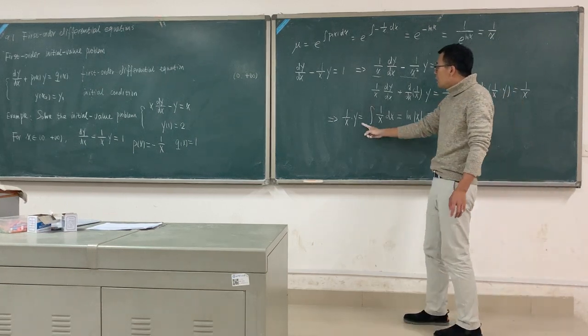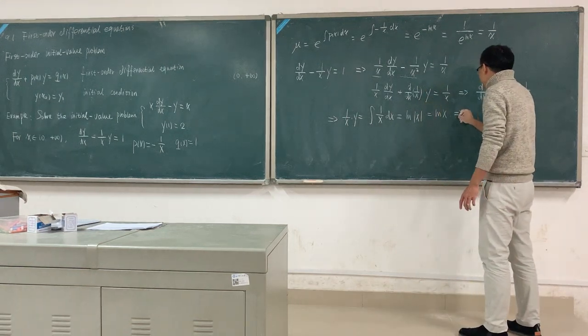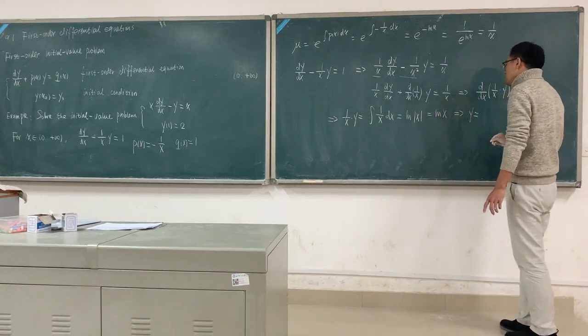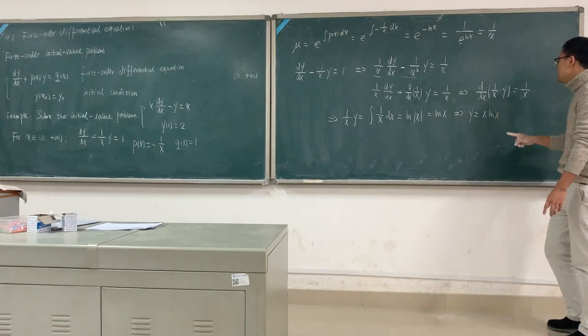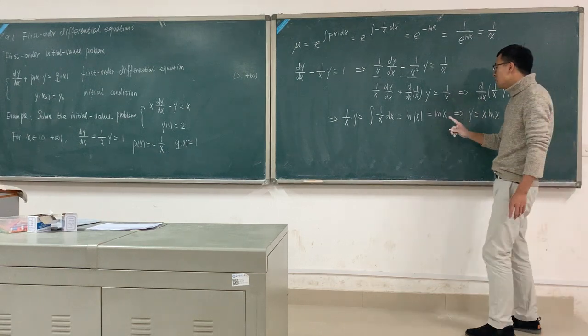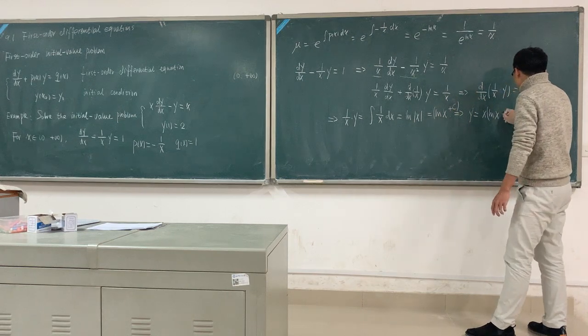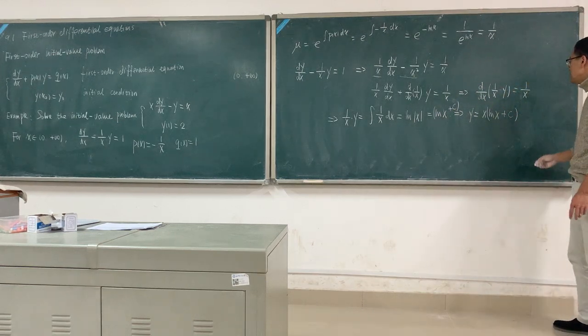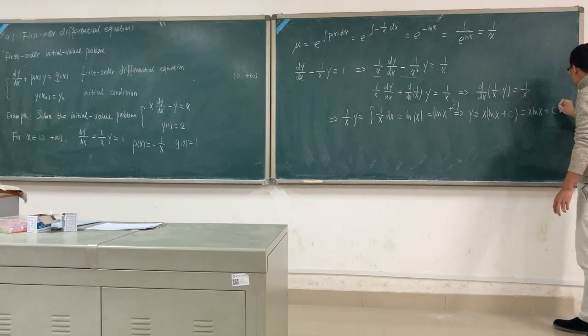Now we multiply by x on both sides, so y equals x times log x. Sorry, here we should add the constant c. So the result is x log x plus cx.